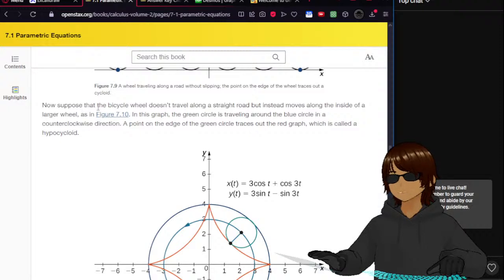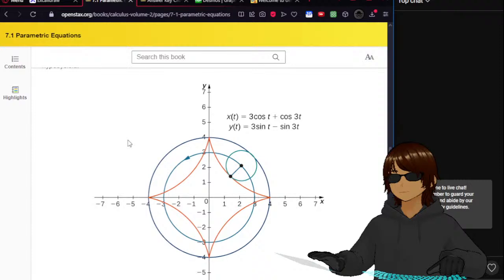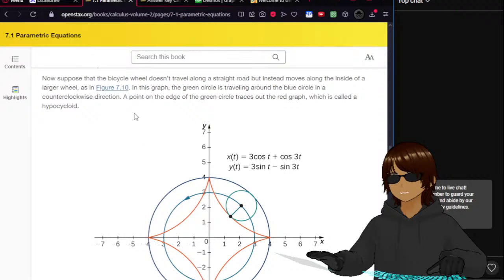Now suppose that the bicycle wheel doesn't travel along a straight road but instead moves along the inside of a larger wheel. The green circle is traveling around the blue circle in a counterclockwise direction.